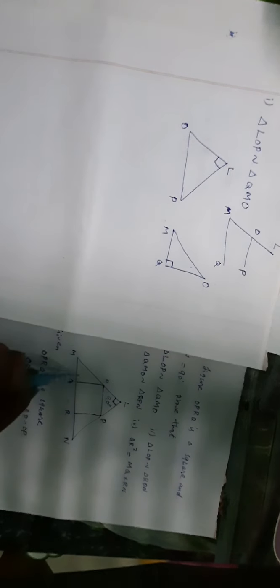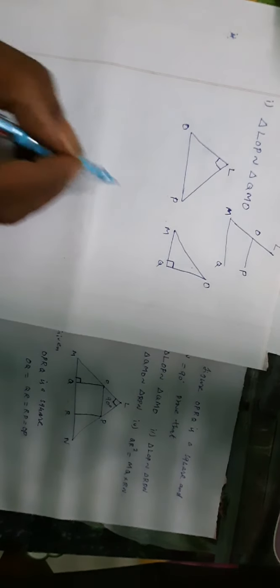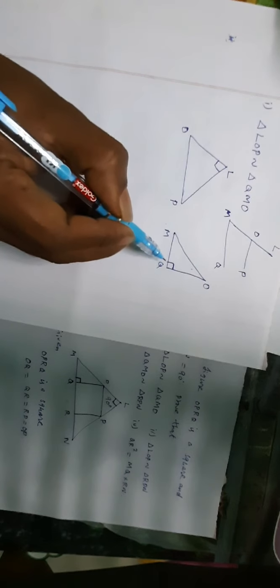Here it is given that angle L is equal to 90 degrees and Q is also perpendicular, so we get Q is also 90 degrees.